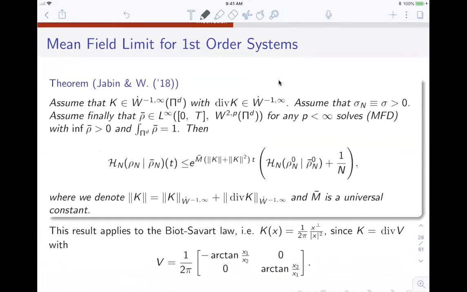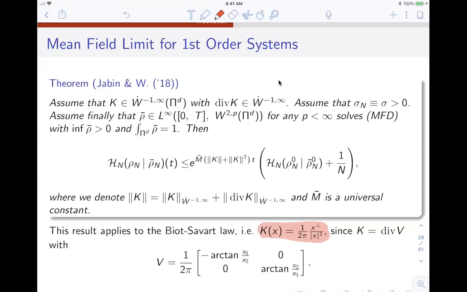Just to give you one example of the result, later I will show a very specific interaction kernel, the Biot-Savart kernel, and the main steps of this example. But the main theory I show here is much more general than the Biot-Savart kernel. You need to use a lot of things like entropy analysis and integration by parts, so the proof can be very complicated, but I don't want to do that.